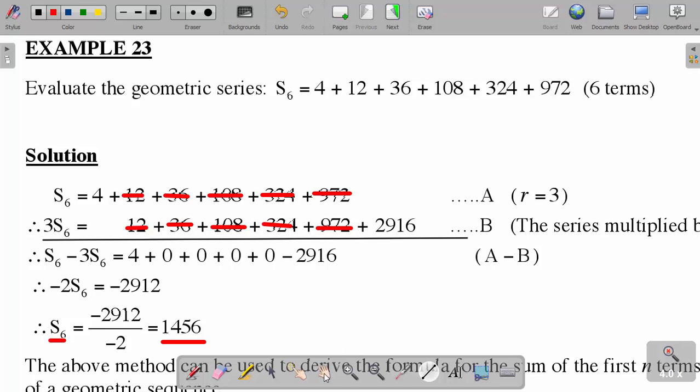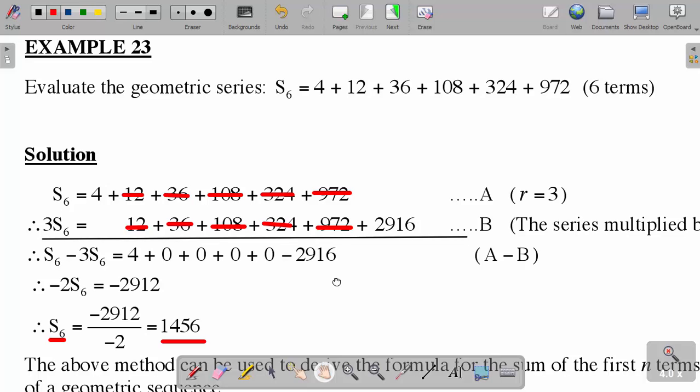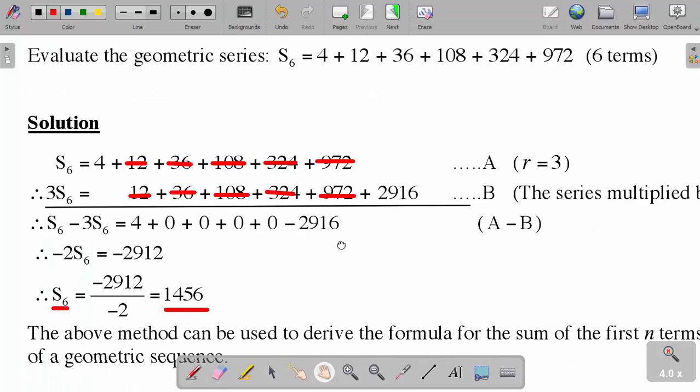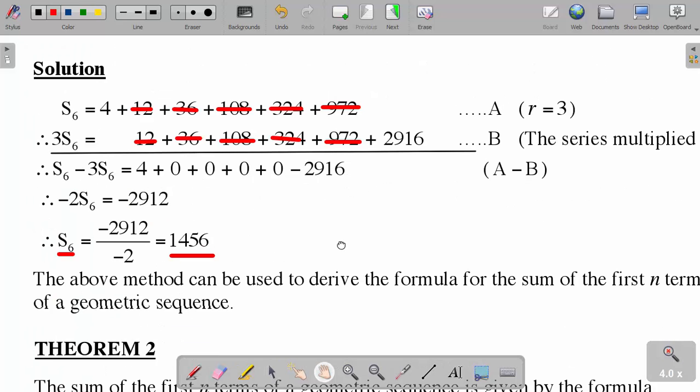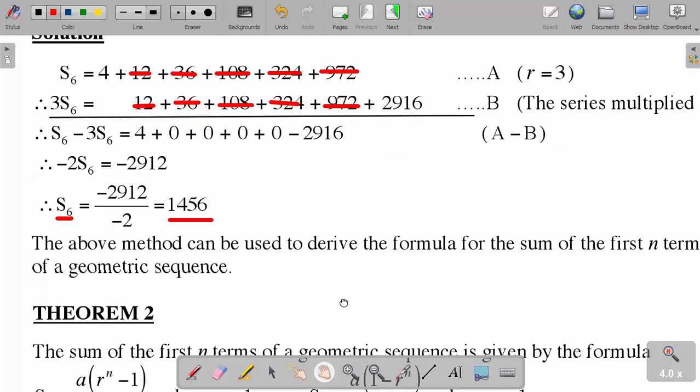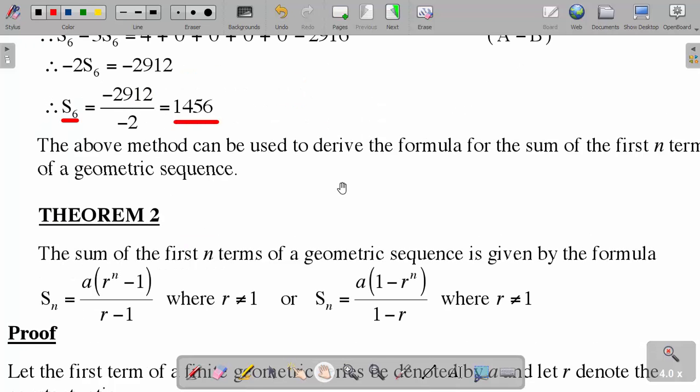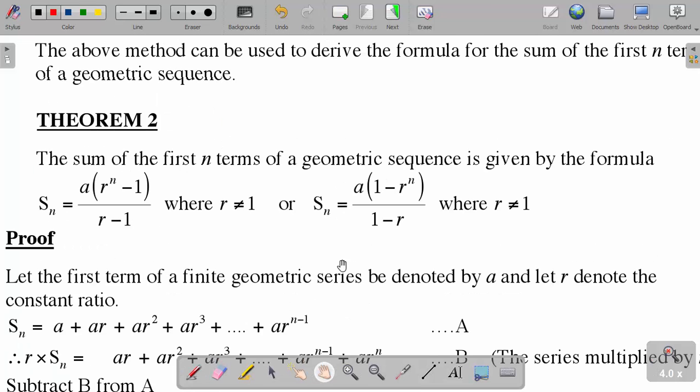Okay, let us proceed. You're going to understand this much better. Don't worry about it for now. The above method can be used to derive the formula for the sum of the first n terms of a geometric sequence. So we have a theorem here, which is theorem 2. The first one was for the arithmetic.